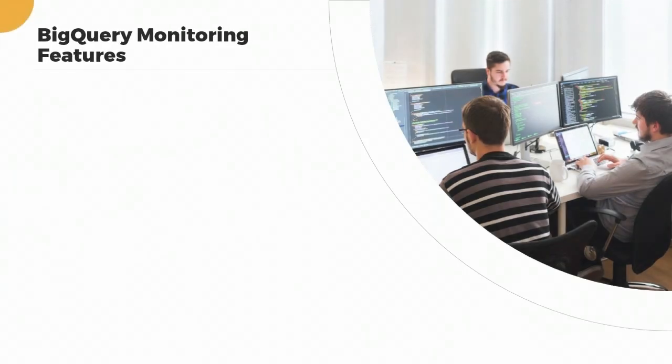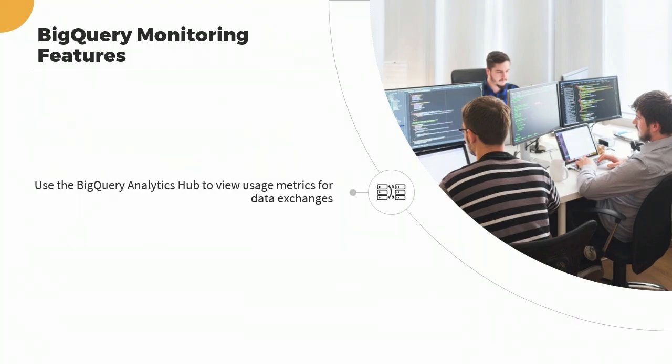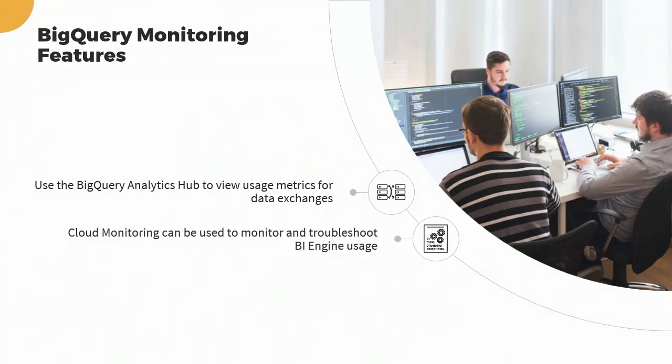Here's a few more of these monitoring features that are built into BigQuery. One of them is that we can use the BigQuery Analytics Hub to view usage metrics for data exchanges between two data sets. We can also use Cloud Monitoring to monitor and troubleshoot, say, business intelligence engine usage. It's all built into BigQuery, and this will work with different cloud services to monitor this engine.